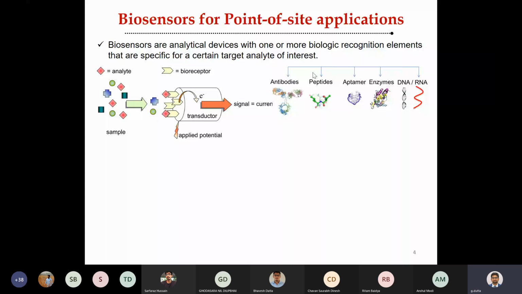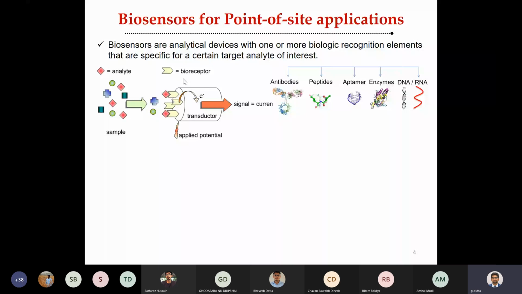It can be an antibody, peptide, aptamer, enzyme, DNA, RNA, something like this. So the biological recognition element is nothing but a bioreceptor, a biomolecule that can bind with the biomarker. Now the question: what is the biomarker?